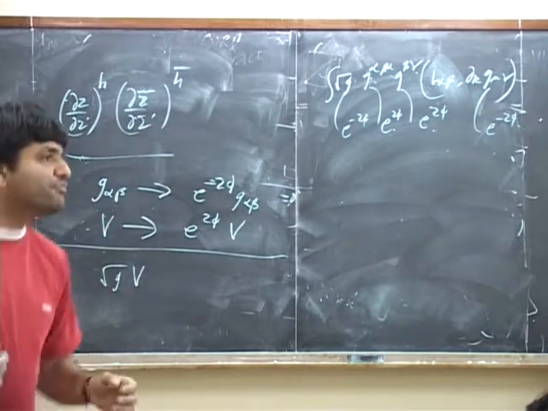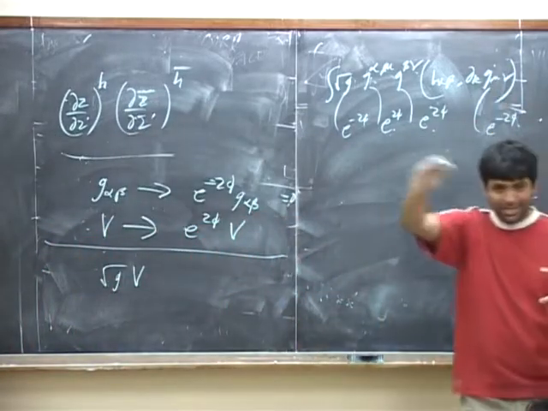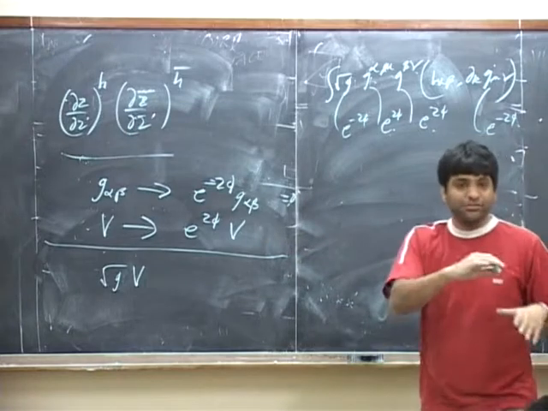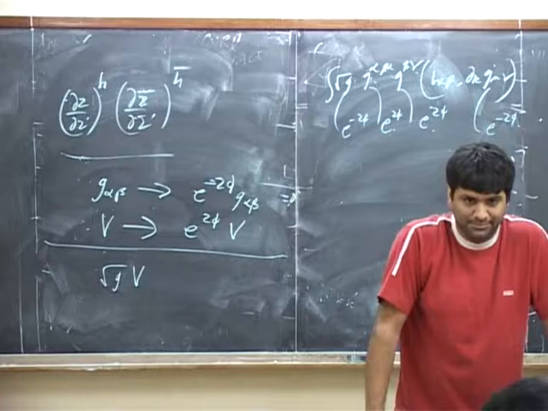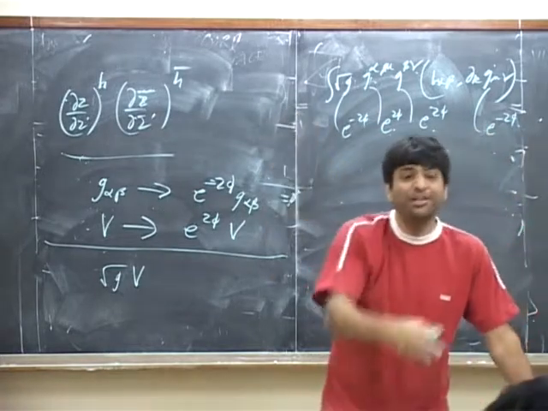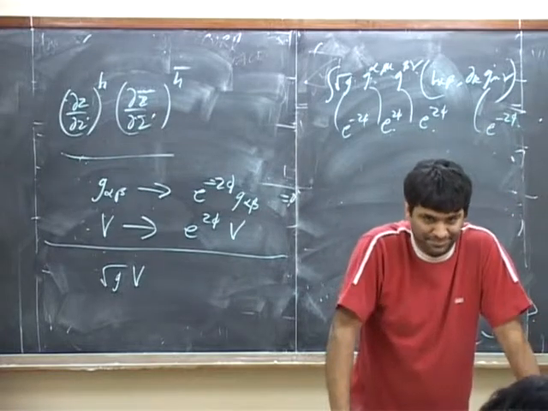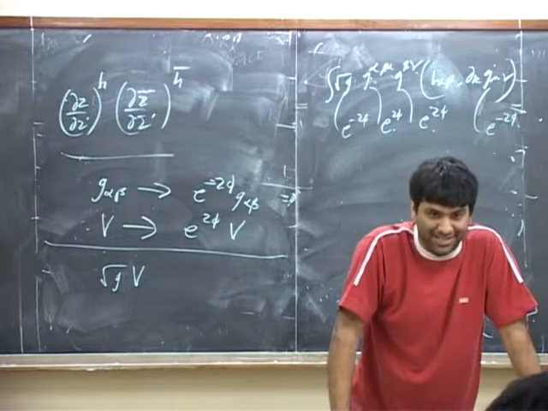G here is a choice of fiducial metric. It's a choice of fiducial metric for every choice of modulus. And if you choose a different choice of fiducial metric in a modulus dependent fashion, that's okay. Your answer should depend on it.